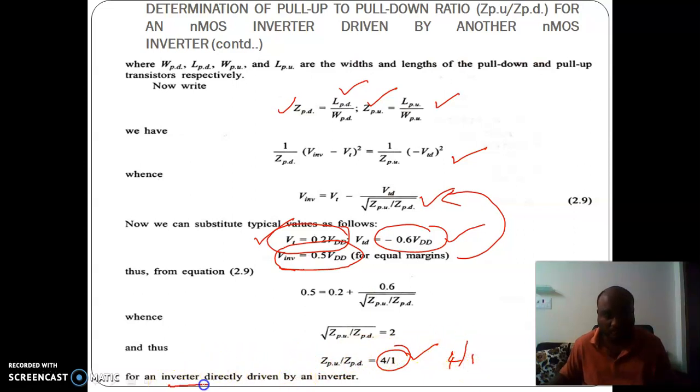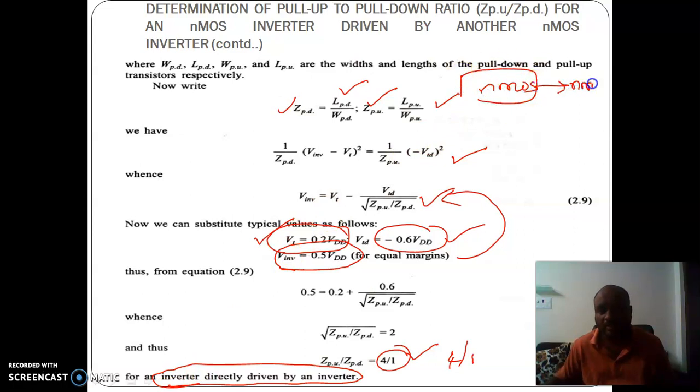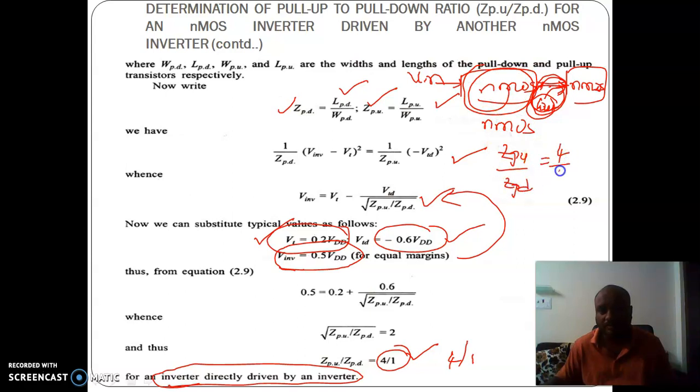This is for an inverter directly driven by an inverter, that is, an nMOS cascaded with one more nMOS without degrading performance. When we give an input here, it will generate an output here, and this output should not be degraded. For that, the condition to be maintained is that ZPU by ZPD should be equal to 4 by 1.